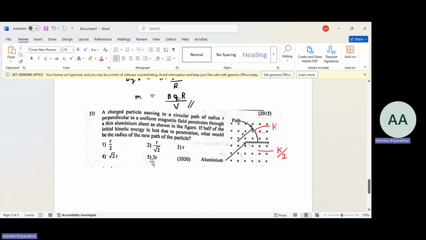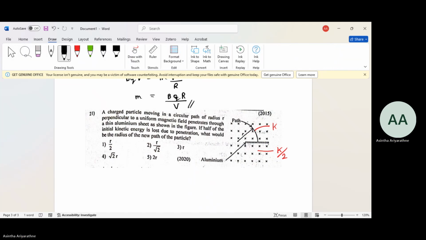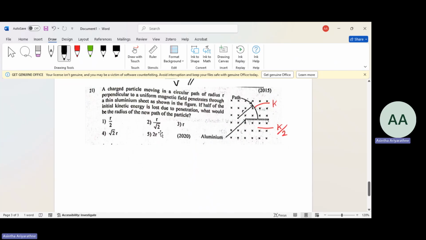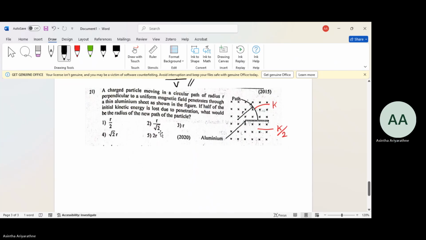So let's find this initially. Let's try to get the expression for K in terms of r. The magnetic field is B, the mass of the particle is m, and the charge is q.